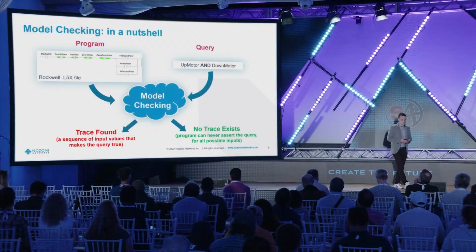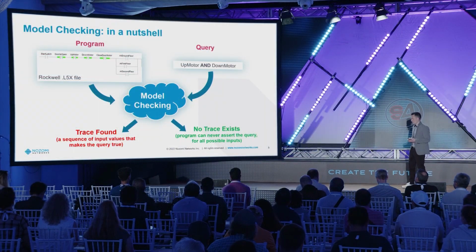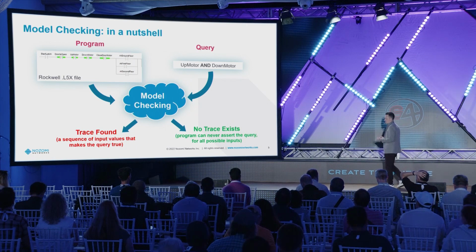So it would get the program to a state where the query is satisfied. Or model checking can say no trace exists. And when it says so, it means that internally it has developed a proof, a mathematical proof, that can make sure that no possible trace can ever be found on the program in such a way that the query would be satisfied.